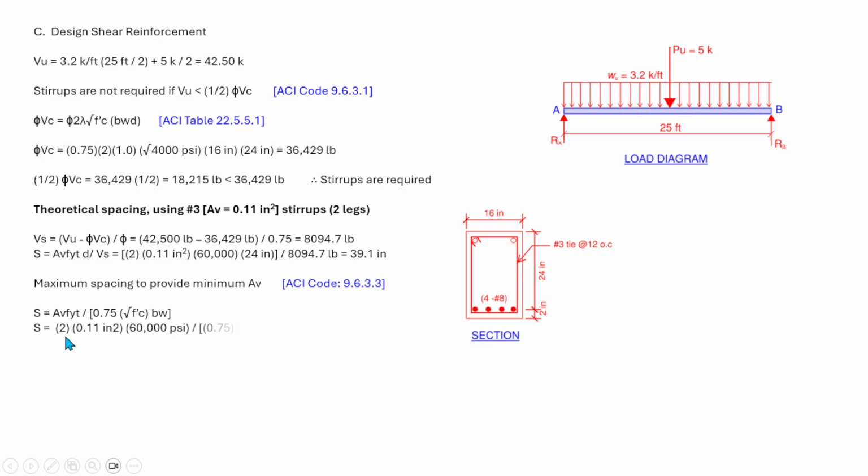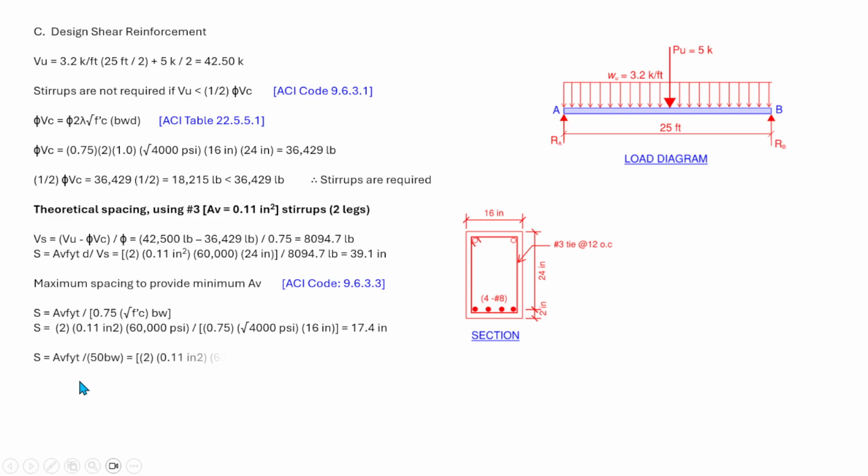And that is equal to 2 times 0.11 square inch times 60,000 psi all over 0.75 times the square root of 4,000 times 16. And that would give us 17.4 inches. That is the required spacing for this provision here for the equation.